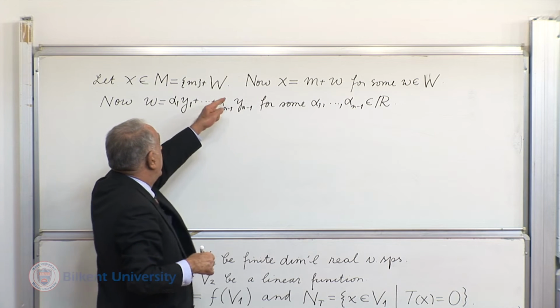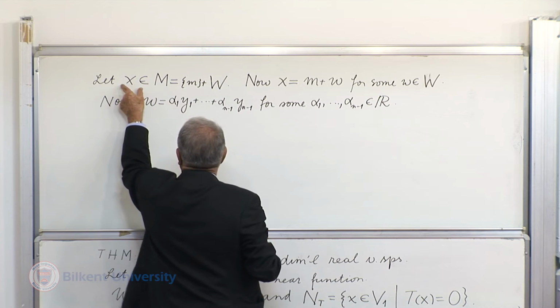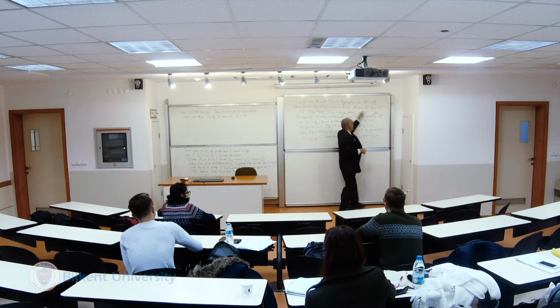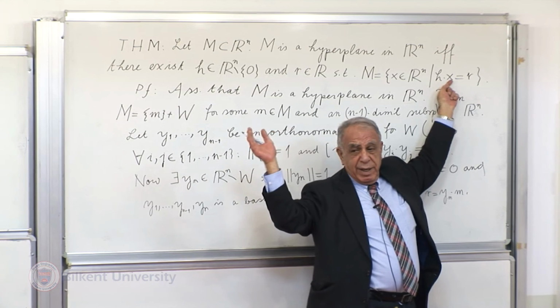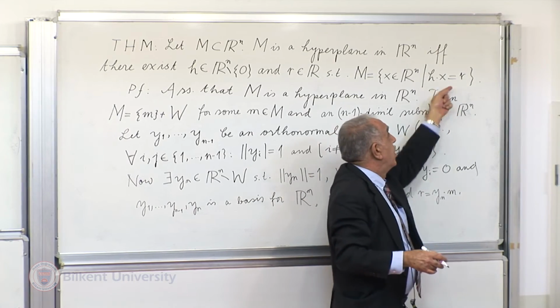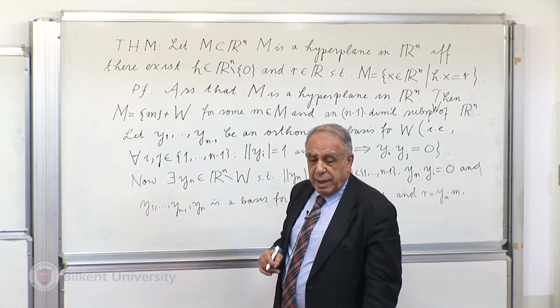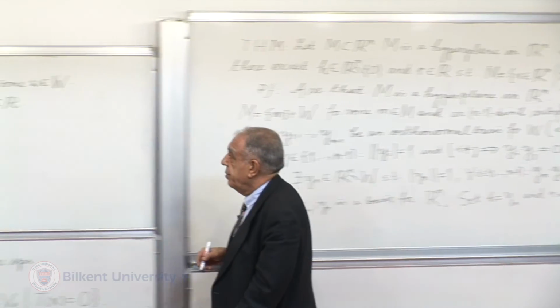Now for this x, arbitrary point from N, to belong to this set, it should satisfy this. It's in Rn, clearly, the vector. So let's compute h dot x and see whether it's equal to r.